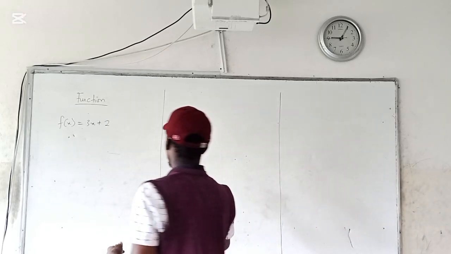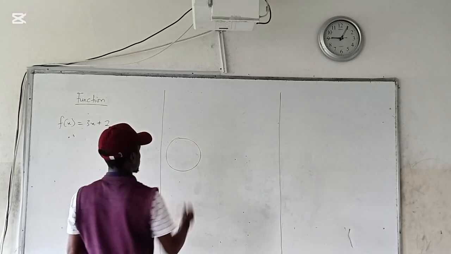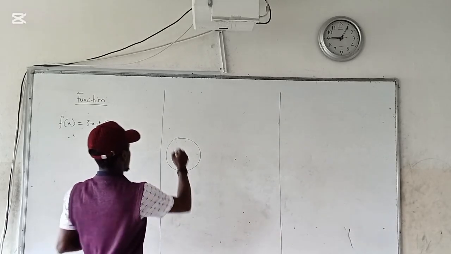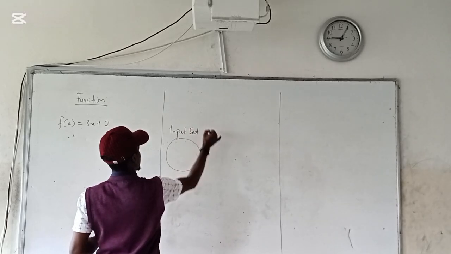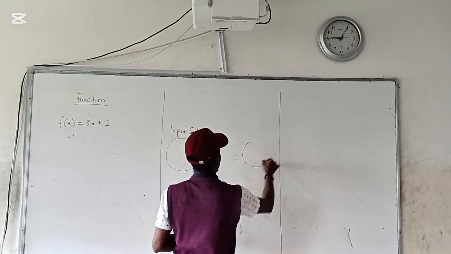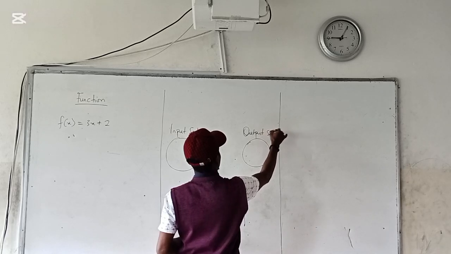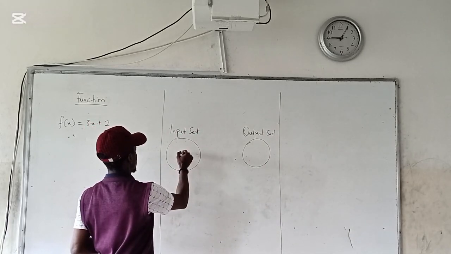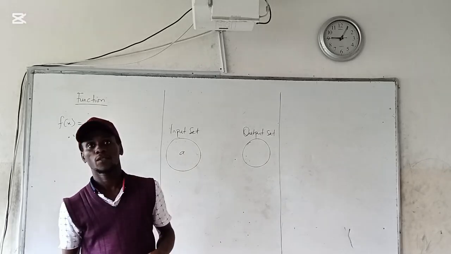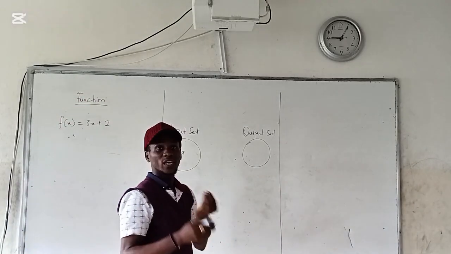So we have two sets here. We have, let's say this is the first set. This set, let's call it input set. Then we have another set here. Let's call it output set. Now, if I have an element here, let's say A, then we have a rule or a relation.